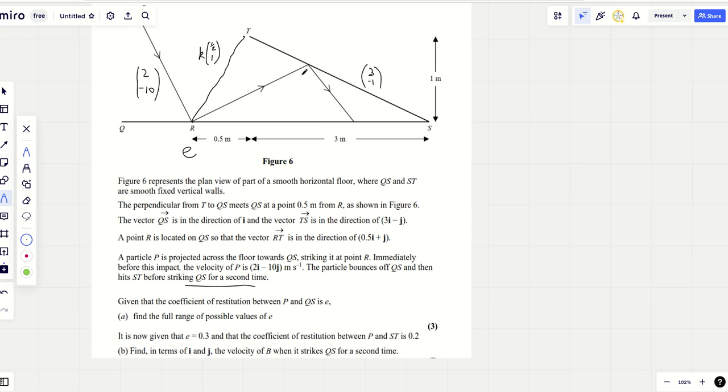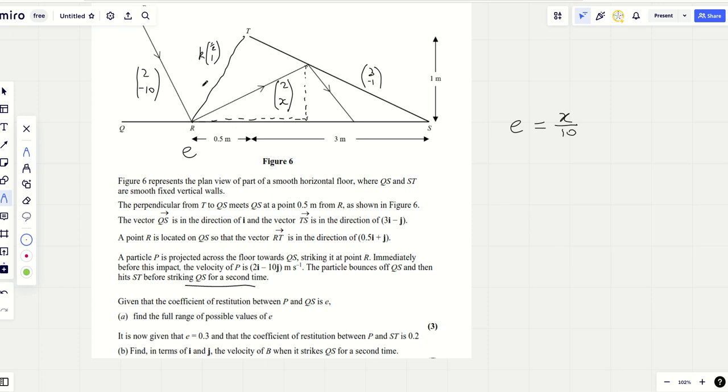Okay, so let's have a go at it. Like I say, we know that for this rebound, this must be vector 2, because that component's remaining the same. And then let's call this x, where, if we ignore the sign on 10, x is whatever e times 10 equals. In fact, let's write that down. x equals e times 10, or in more familiar terms, e equals x over 10. But now let's look at this vector here, k times (1/2, 1).